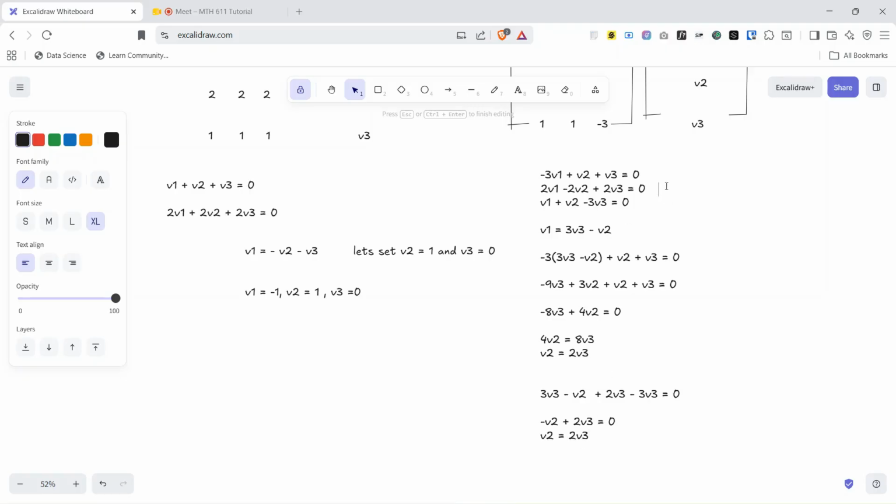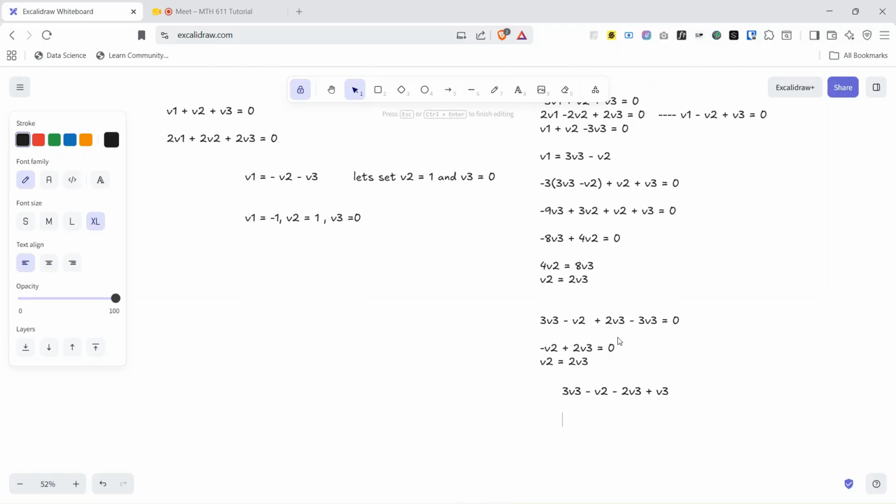So let me see if we plug it into V1 minus V2 plus V3 equals 0. V1 is 3V3 minus V2, minus 2V3, plus V3.